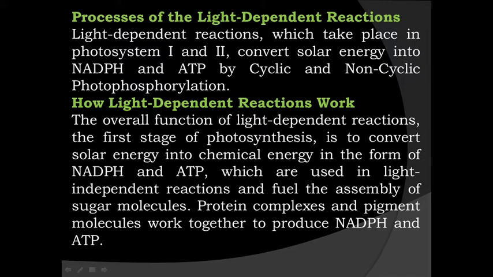How do light dependent reactions work? The overall function of light dependent reactions: the first stage of photosynthesis is to convert solar energy into chemical energy in the form of NADPH and ATP, which are used in light independent reactions and fuel the assembly of sugar molecules.